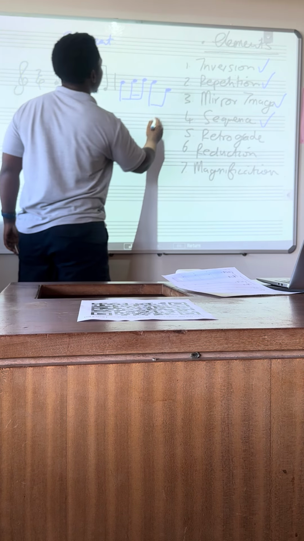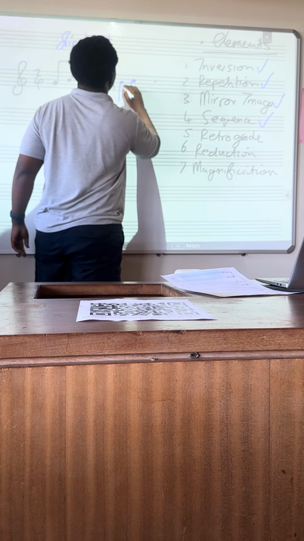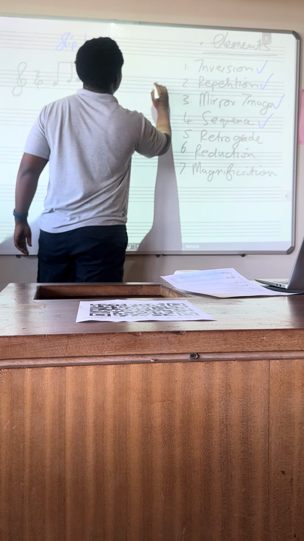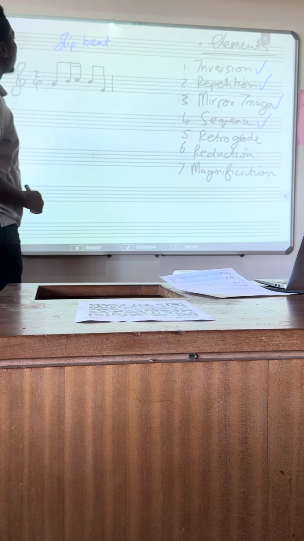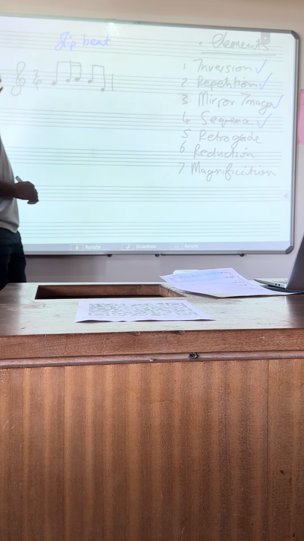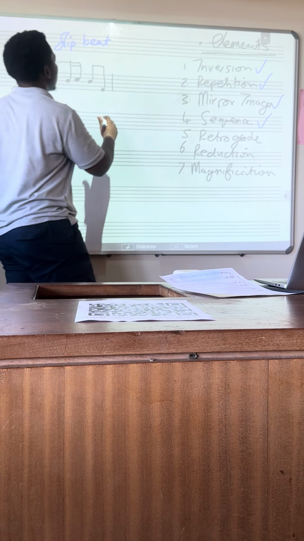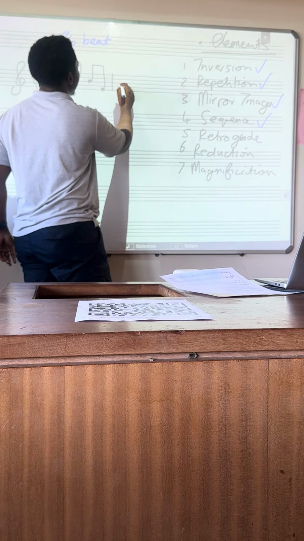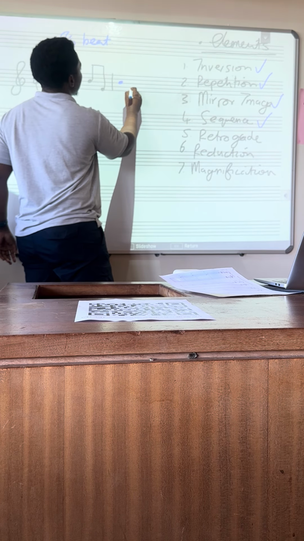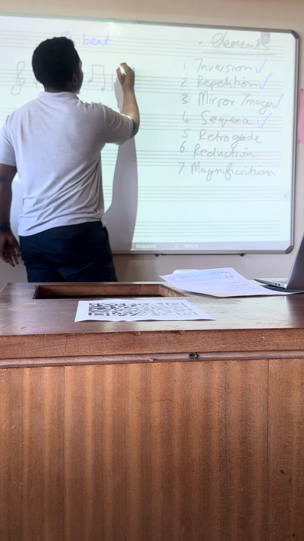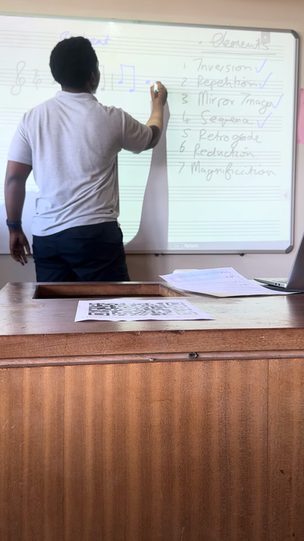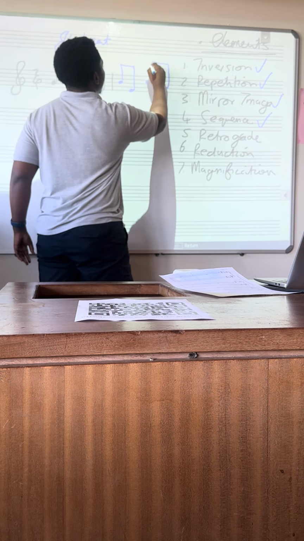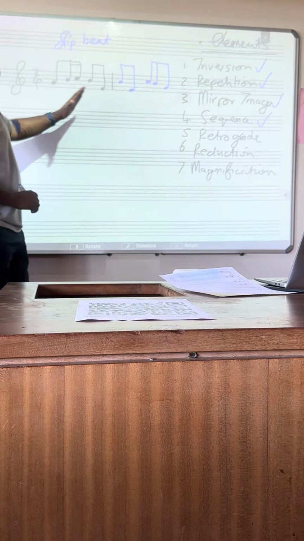Retrograde. Retrograde means you're starting backwards. So rather than mirroring the melody, you do this. C, B, G. You go backwards like this.